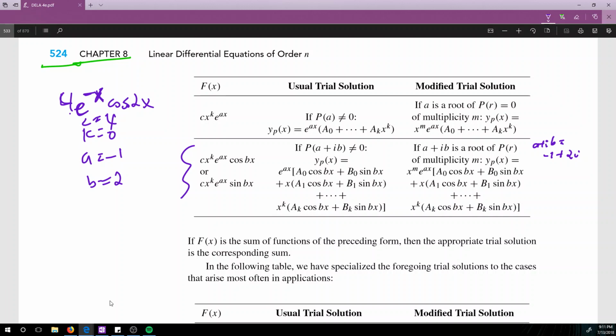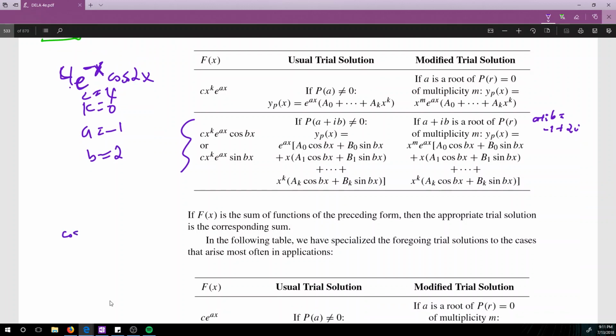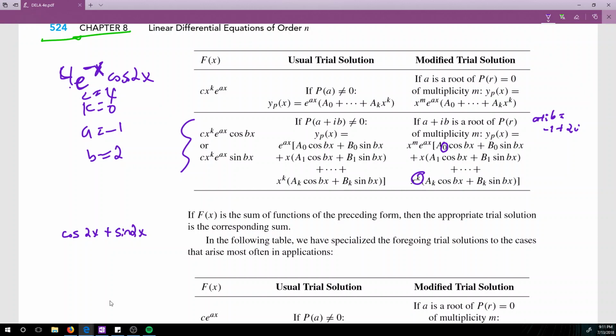So essentially what I have is cosine 2x plus sine 2x, since my b again is 2. Look at the terms here: a naught, then a1, then ak, and then you have x to the k.